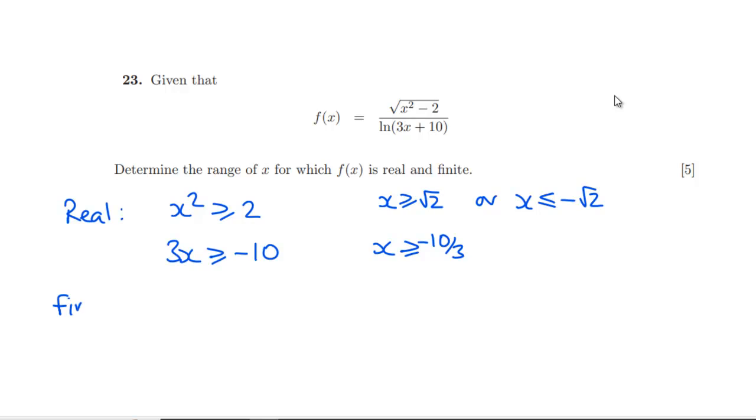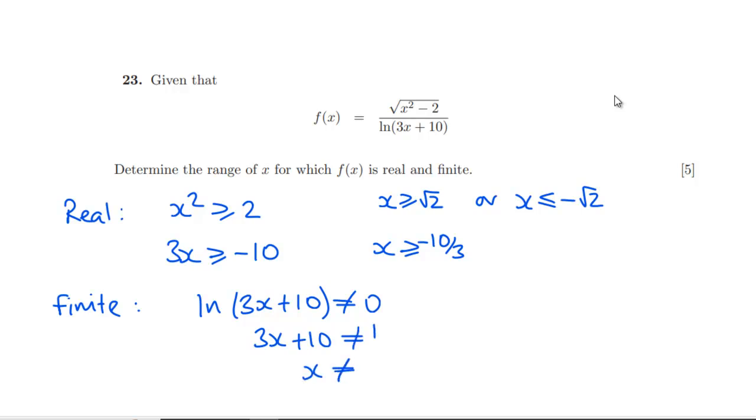Then for finite, we need to have that log of 3x plus 10 is not equal to 0. So we need 3x plus 10 is not equal to 1, which means that x is not equal to minus 3. That's what we need on that. So we've got all of these conditions.